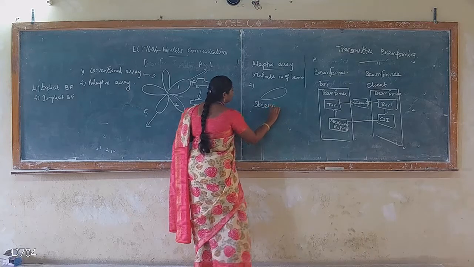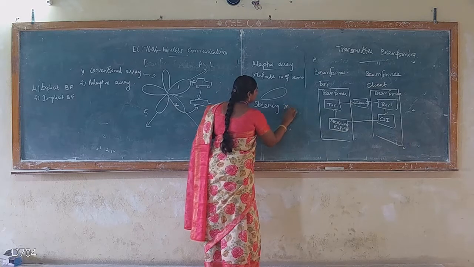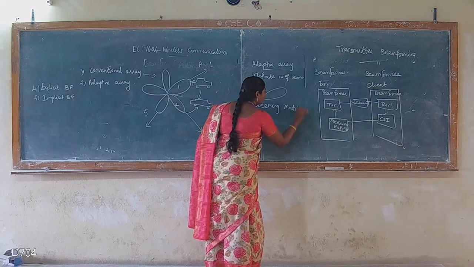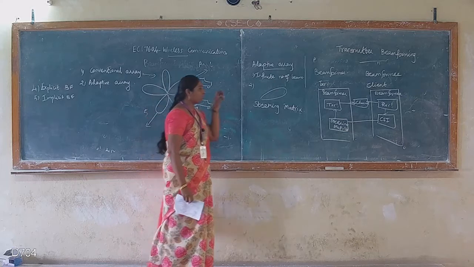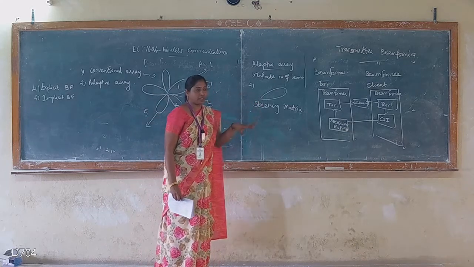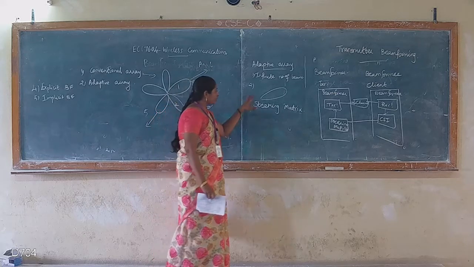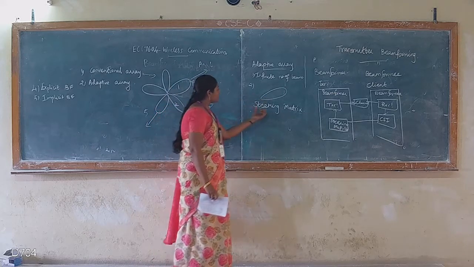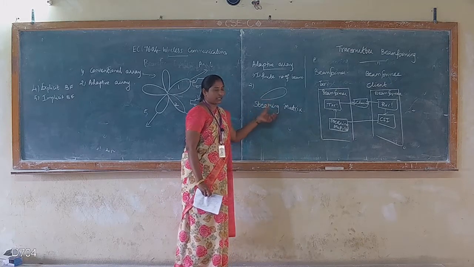In adaptive beamforming, the mobile is moving from one place to another. So the location of the mobile should be periodically monitored, and based on the location, the beam is formed. That is the principle of adaptive. So the steering matrix or rotating matrix should be periodically calculated.